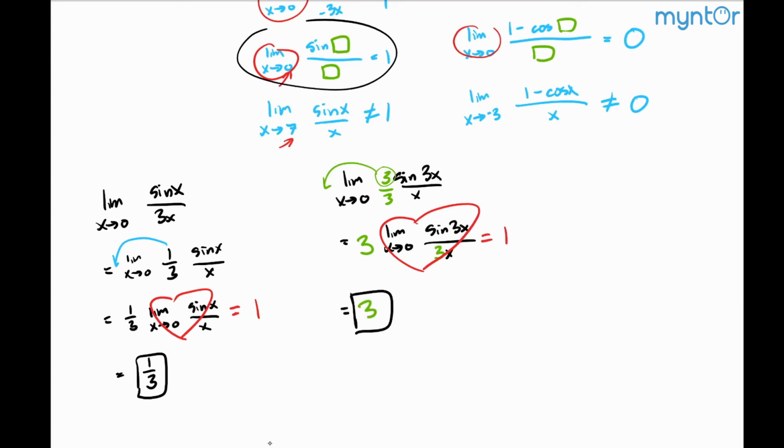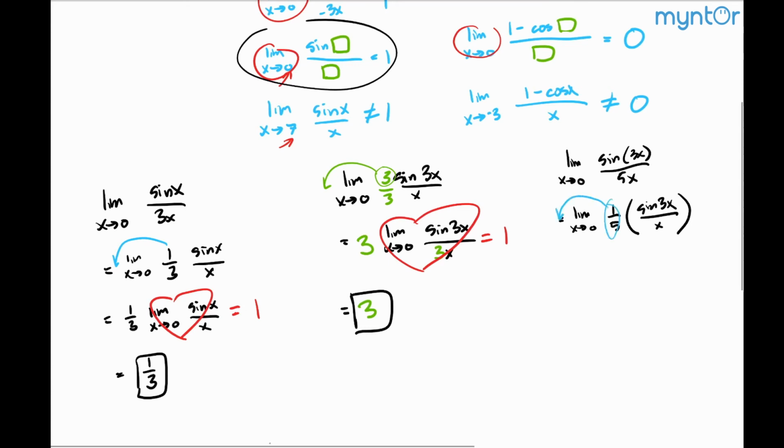Let's do one more example. Let's say that we're asked to take the limit as x approaches 0 of sine 3x over 5x. Well, first I'm going to rewrite this as the limit as x approaches 0 of 1 over 5 times sine 3x over x. I'll go ahead and pull this 1 over 5 out to the front because it's a constant. So this is equal to 1 over 5 times the limit as x approaches 0 of sine 3x over x.